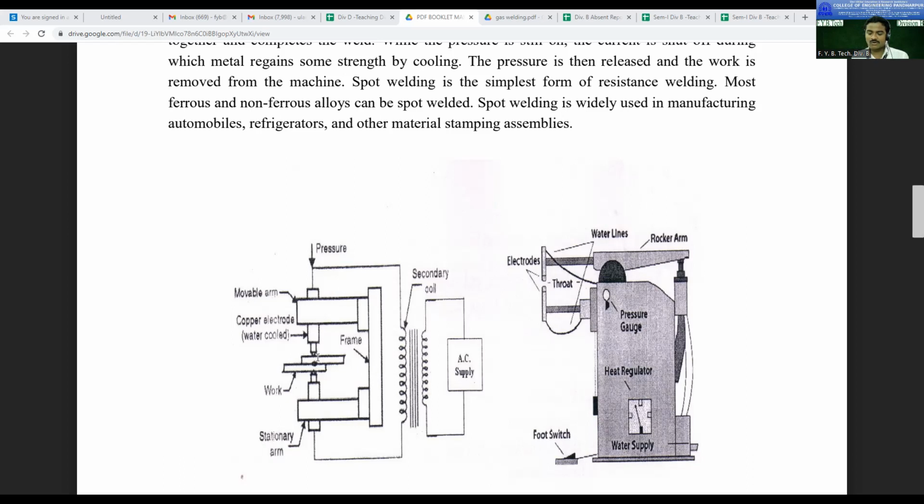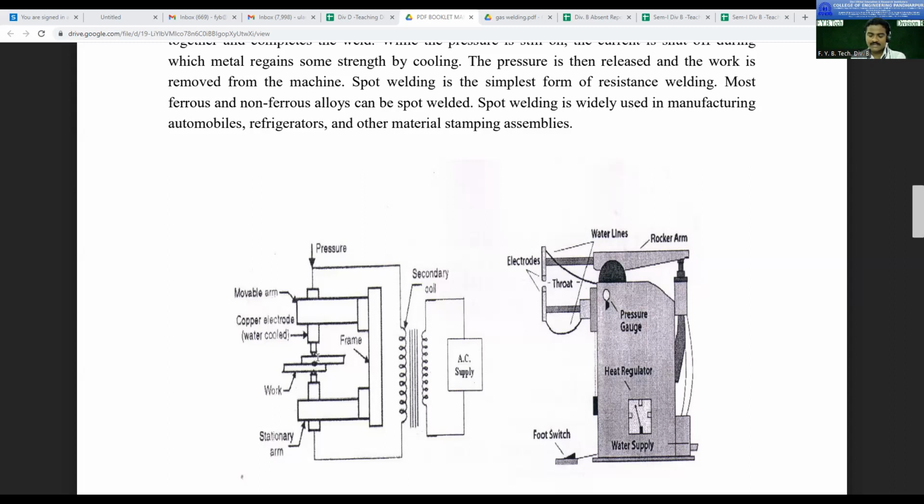when the pressure is still on, the current is shut off, during which the metal regains some strength by cooling. Full stop.